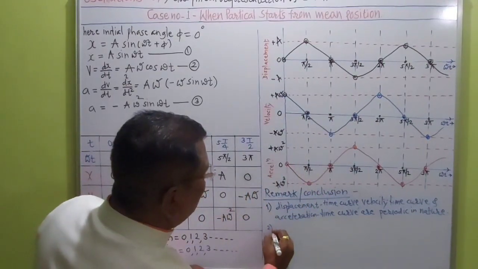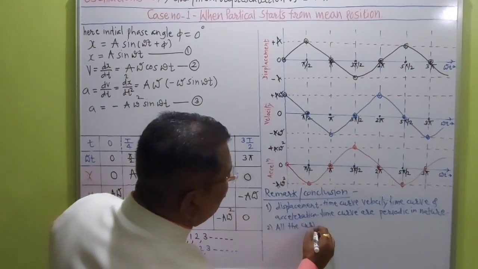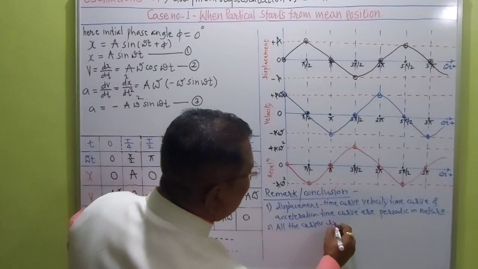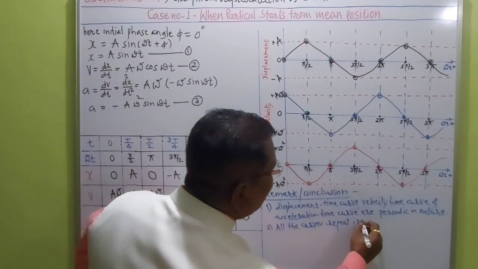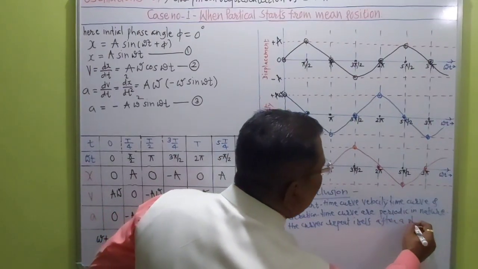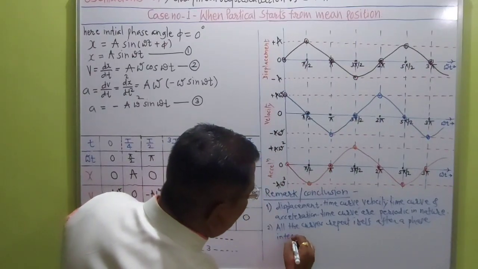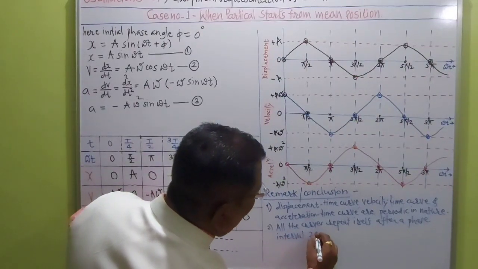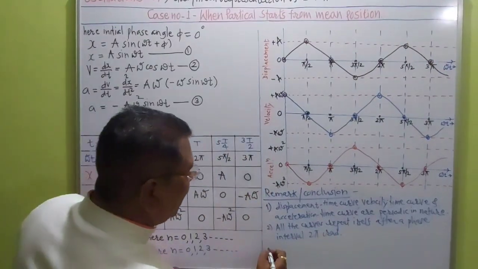Number two, all the curves repeat itself after a phase interval 2 pi radian.